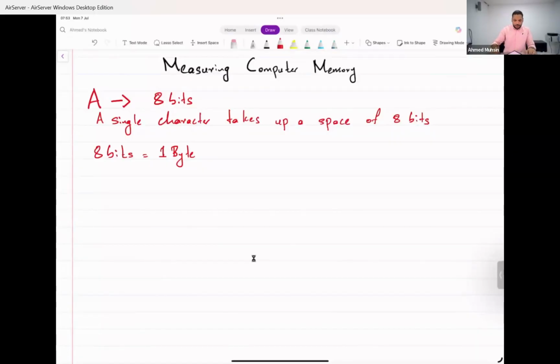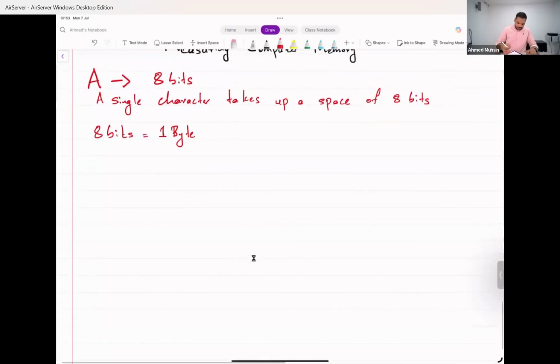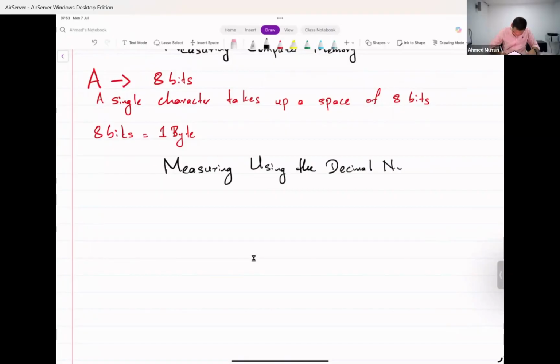Right. Now guys, can you put down this heading over here? Can everyone put down this heading over here? Measuring using the decimal number system. Measuring using the decimal number system.